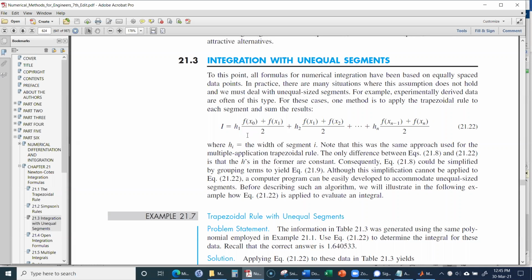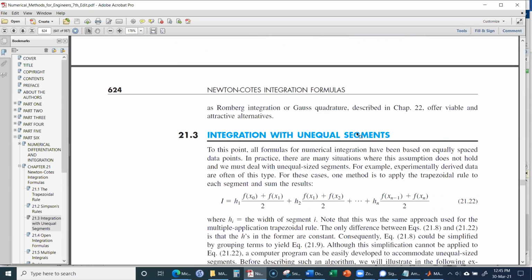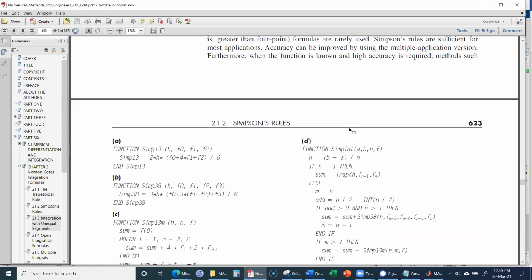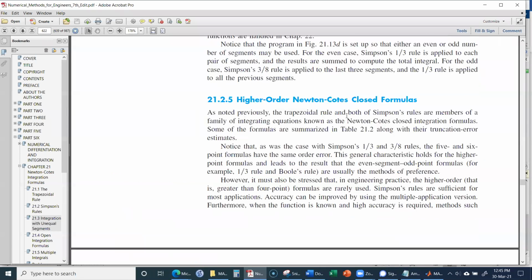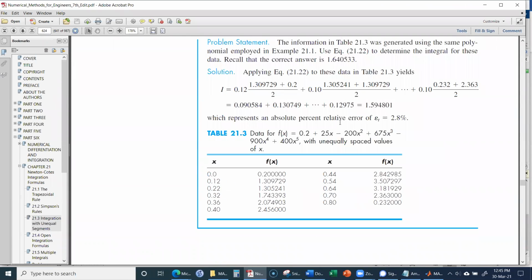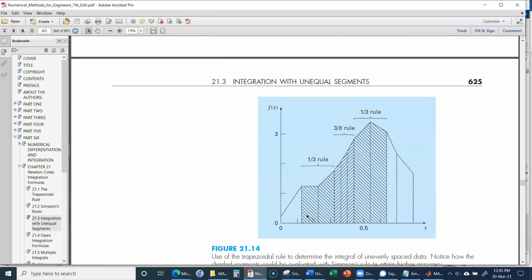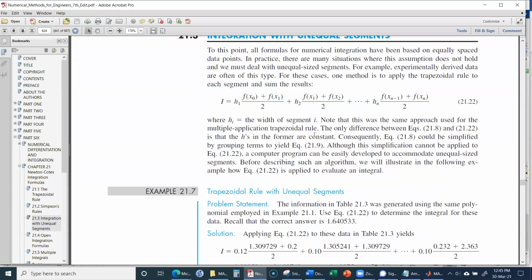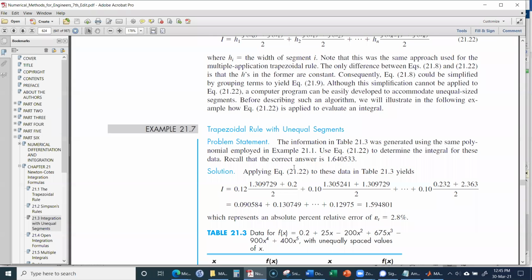So simply we can find the area of this trapezoid, and similarly we can add up the areas of the corresponding trapezoids one after the other. In this way, we can apply the trapezoidal rule with unequal segments.